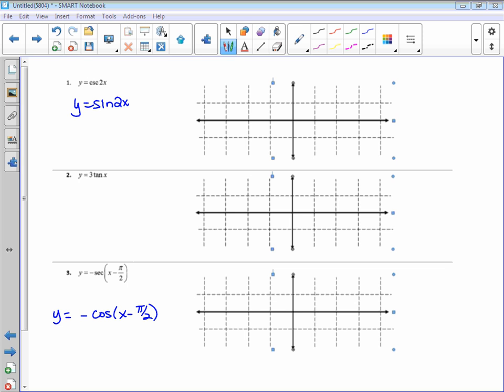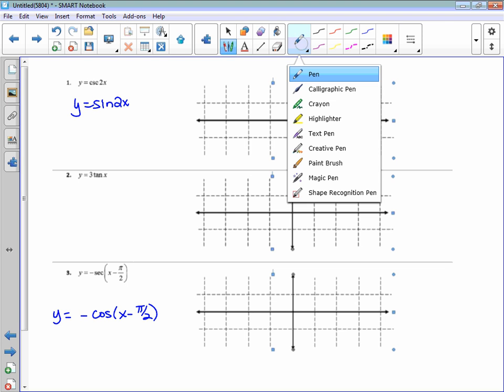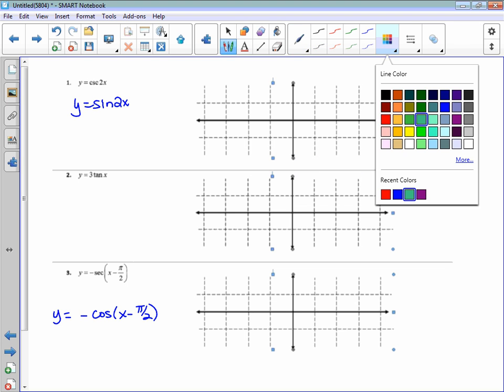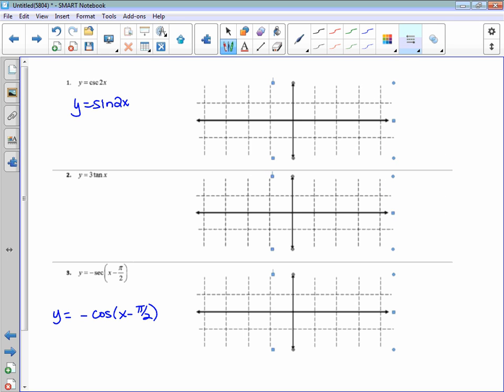All right, guys, let's go through the first one. I know everybody's not quite done with all of them. So, guys, what changes on number 1? The period. Yes. What is the period of this graph going to be now? Pi. So that means my labels are going to change. So that's going to be pi, 3 pi over 4, pi over 2, pi over 4, right?